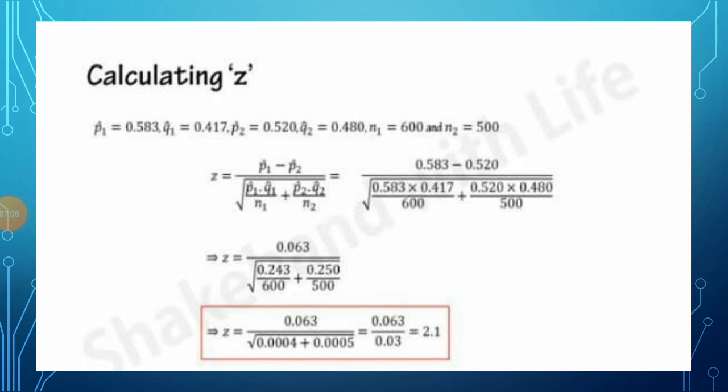After subtracting 0.520 from 0.583, we get 0.063 divided by square root of 0.243 divided by 600 plus 0.250 divided by 500. We get 0.063 divided by 0.03 is equal to 2.1. After processing all the calculation, the value of Z comes out as 2.1.